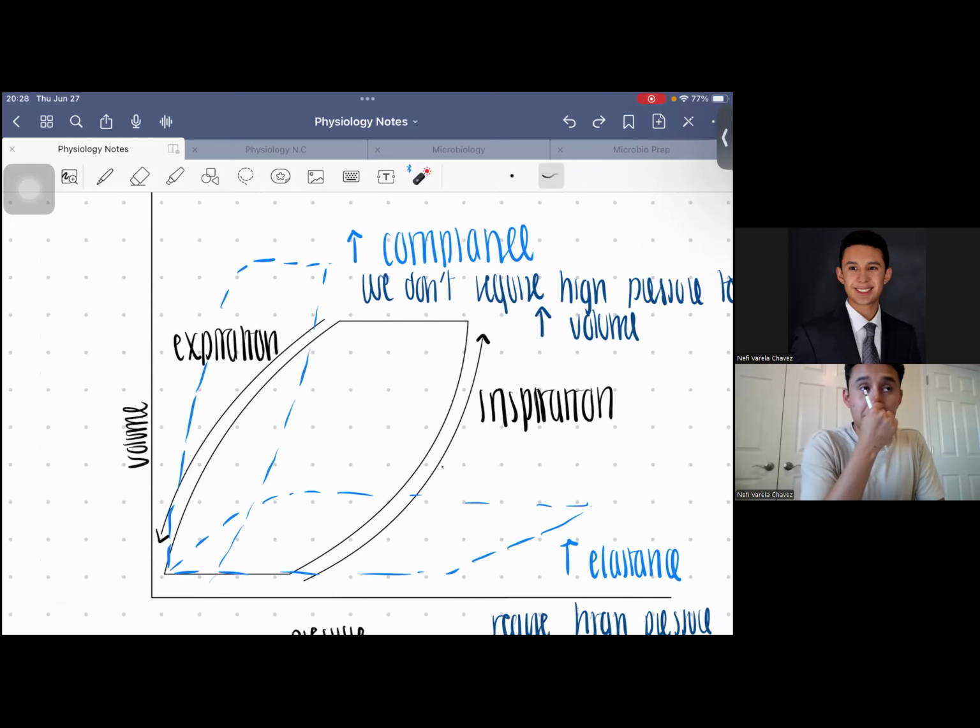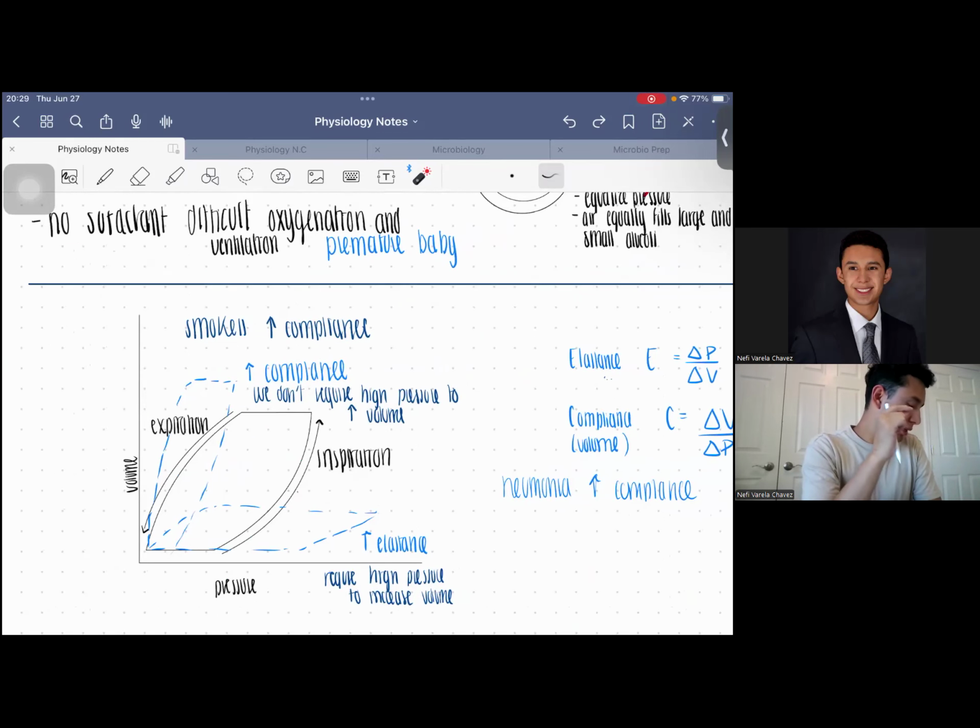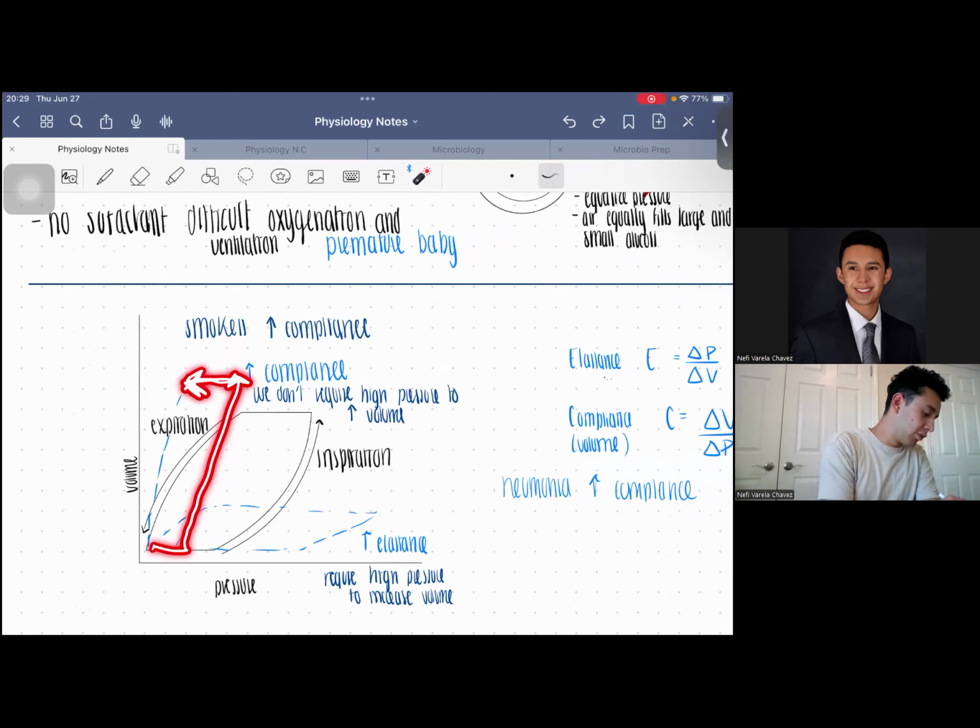Compliance. Again, compliance is almost equal to volume. In this case, we don't need a lot of pressure, but it's quickly filled with volume. That's like a balloon with really thin plastic, right? We don't need a lot of pressure, and then we're gonna increase this volume easily. And also, we don't need to decrease this pressure too much to decrease volume.